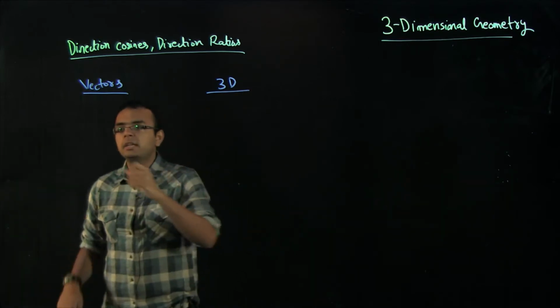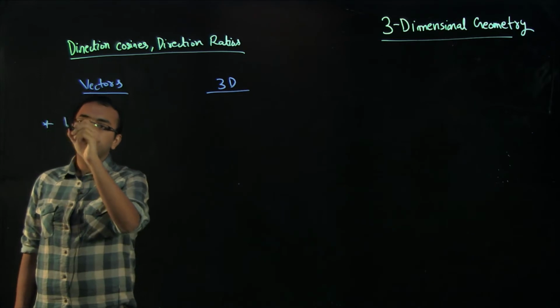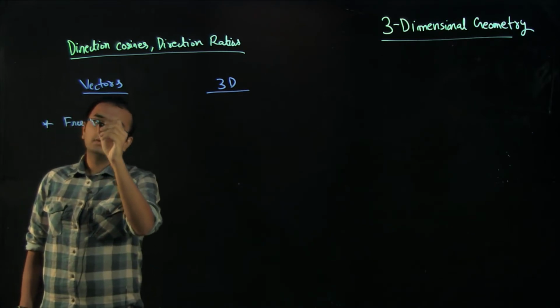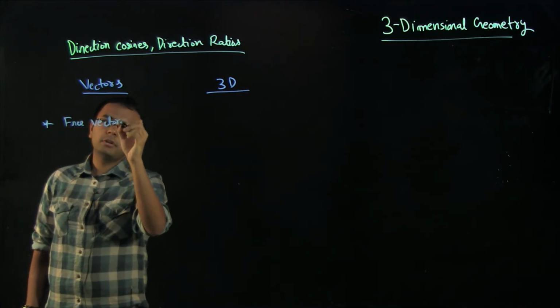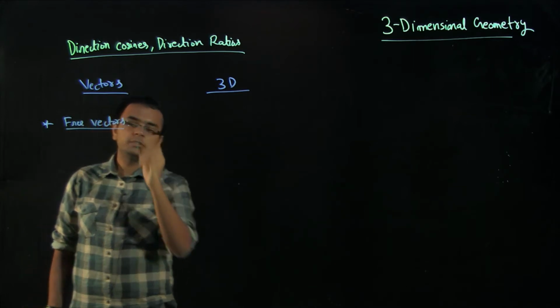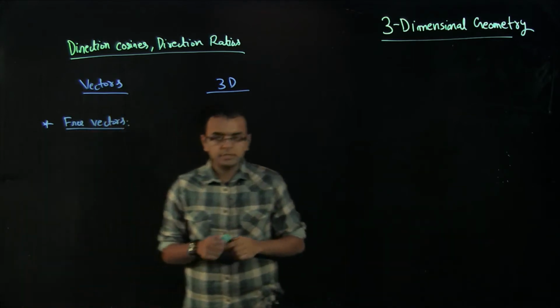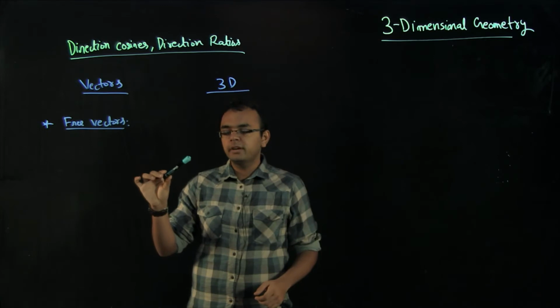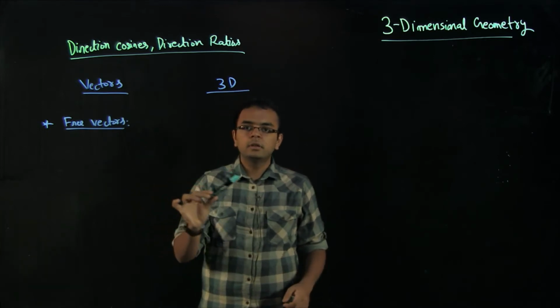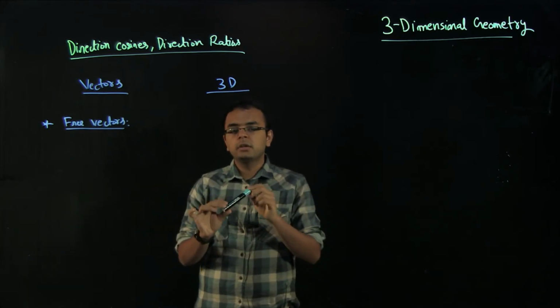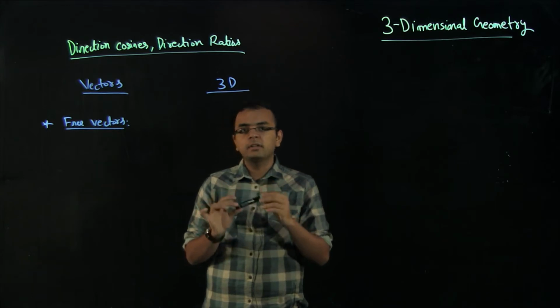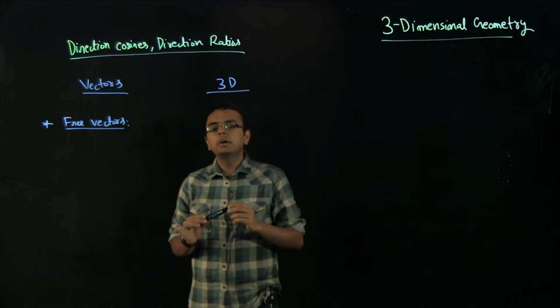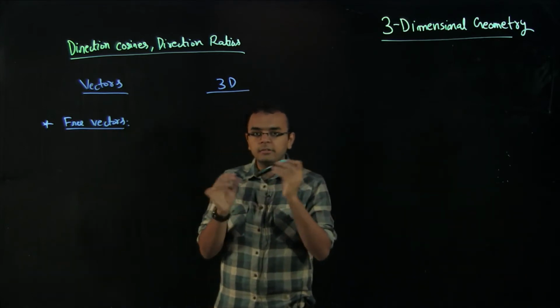So the first similarity is the free vector. If you haven't looked at the videos, please do check them out. Like I had explained in the vectors chapter, a free vector is a vector that can move in space but cannot change its direction and cannot change its length. So it is a vector of fixed length and fixed direction, however, its position is not fixed.